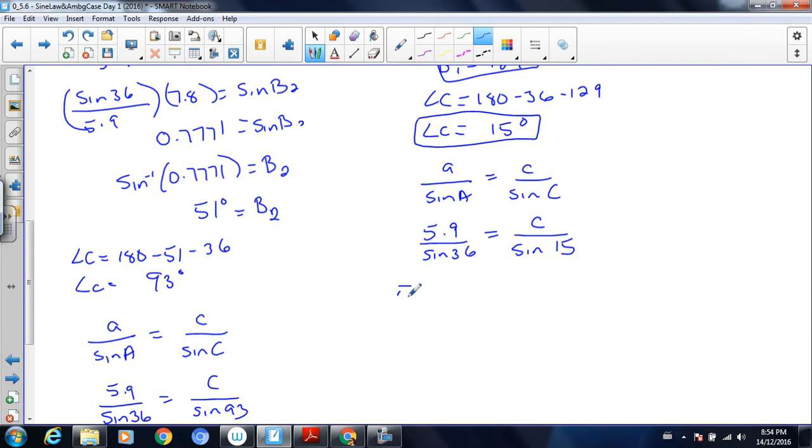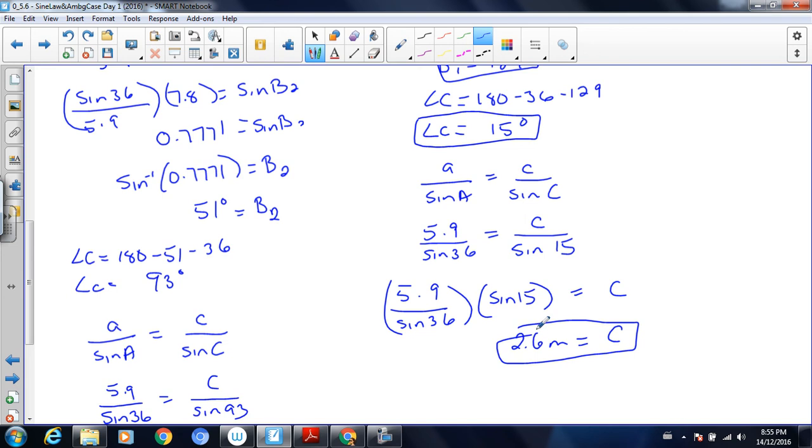Rearrange to isolate for C, so 5.9 over sine of 36 multiplied by sine of 15 equals side C. When I do the calculations, I'm left with 2.6 meters.